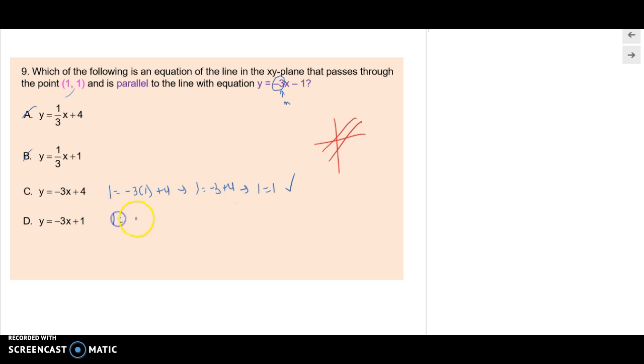When I plug 1, 1 into there, I'm going to get 1 equals negative 3 plus 1. So 1 equals negative 2. That is definitely not true. So again, a point being on the line means it makes a true statement when I plug it in, and C would give me that correct answer.